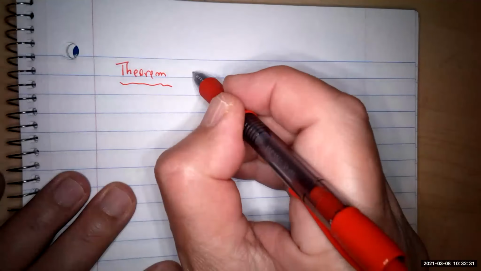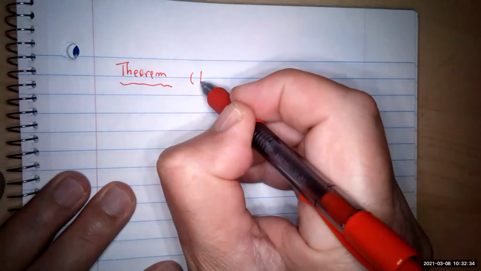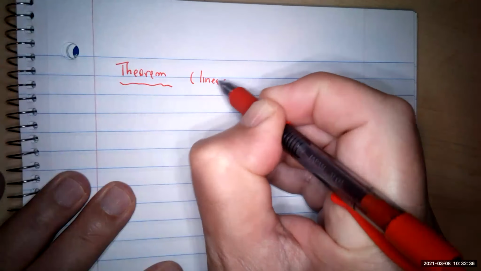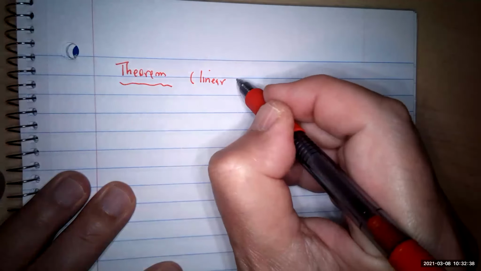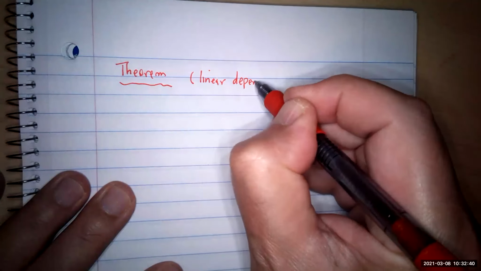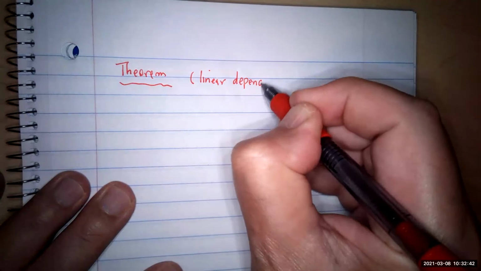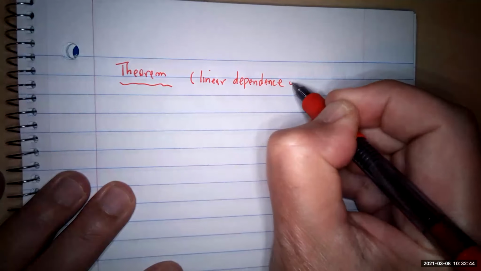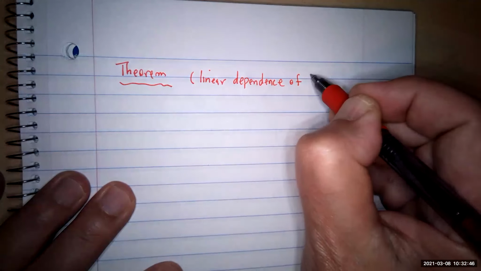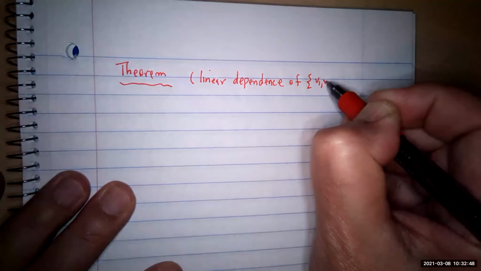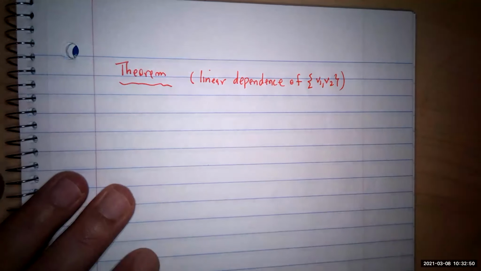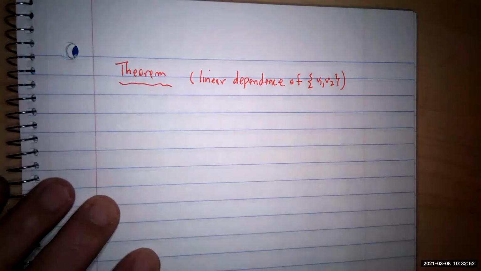We will use it to check the linear dependence of a set of two vectors only, V1 and V2. There are quite a lot of problems we are going to have.